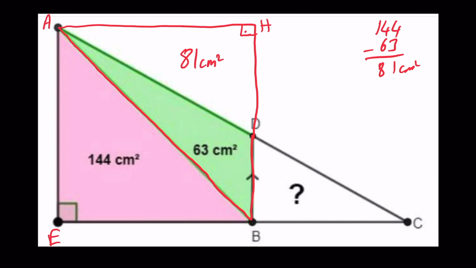The base is, let's say, X, and the height is AH. If you will multiply, let's say, here, H times X divided by 2 gives you 63, right?